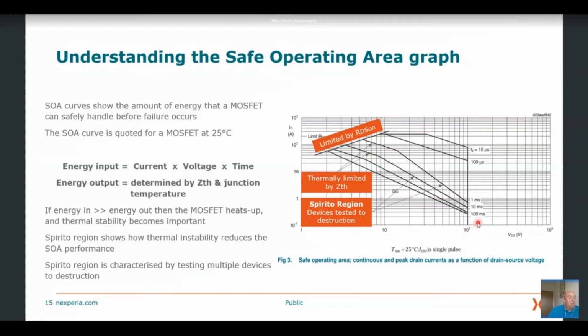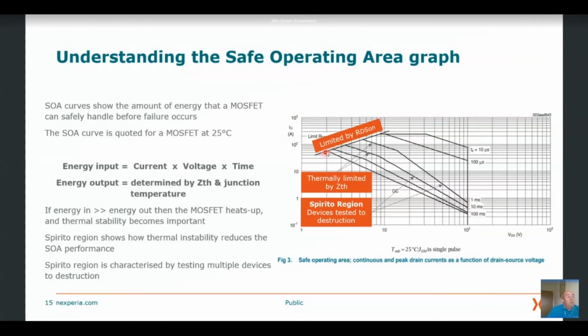This device would be a 100 volt MOSFET, so the curve is capped at 100 volts. And on the y-axis, you can see the drain current. This horizontal line at the top of the SOA curve corresponds to the maximum drain current that this device can handle. In this example, it's about 250 amps-ish.